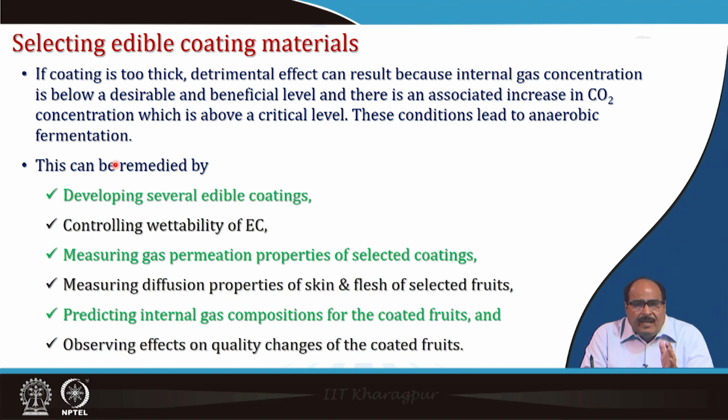So, these can be remedied by developing several edible coatings, controlling the wettability of the edible coating material, measuring the gas penetration properties of selected coatings, measuring diffusion properties of skin and flesh of the selected fruit in which the coating is to be applied, predicting internal gas composition for the coated fruits, and finally observing the effect of this coating on quality changes of the coated fruits and vegetables.